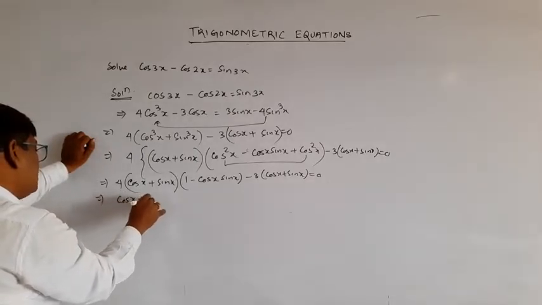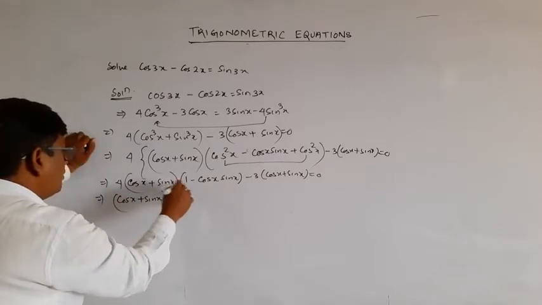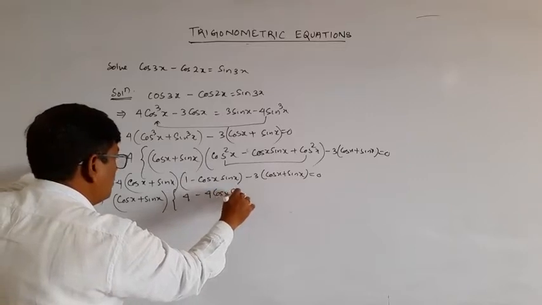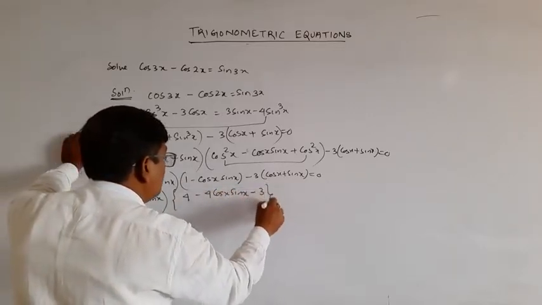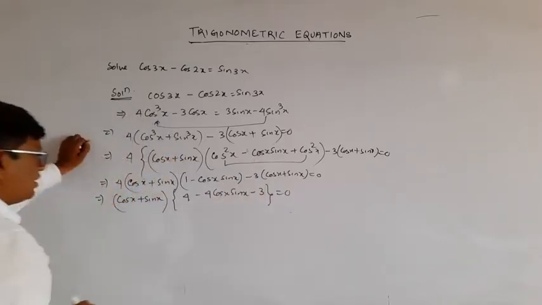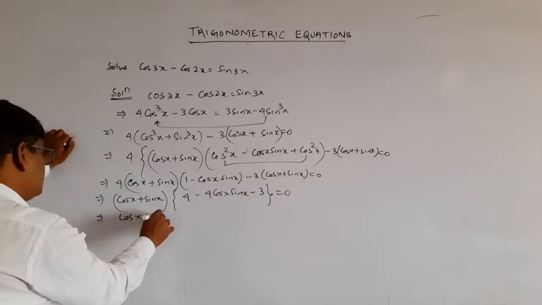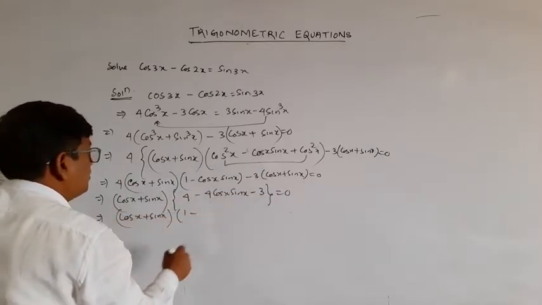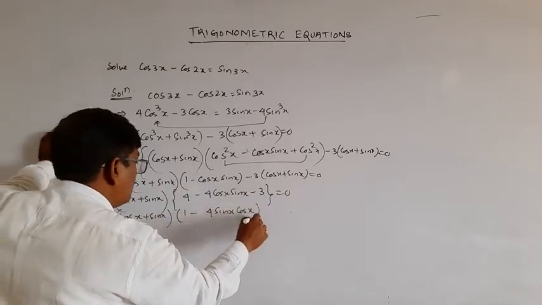So here that is 4 into 1, 4 minus 4 cos x into sin x, and this is minus 3 is equal to 0. That is (cos x plus sin x) into (4 minus 3, that is 1 minus 4 sin x into cos x) is equal to 0.